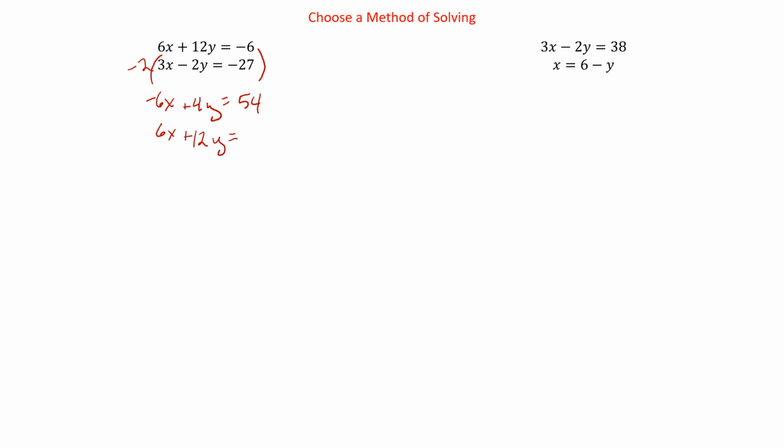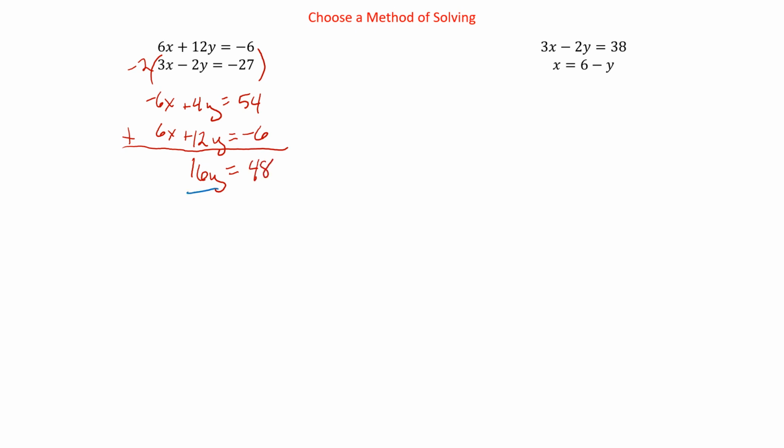That way I don't have to worry about skipping a line or anything like that. So far it's worked out that we've always changed the top one, and so we just wrote it underneath. So adding them together, -6x plus 6x is eliminated. 4y plus 12y is 16y equals 54 minus 6 is 48.